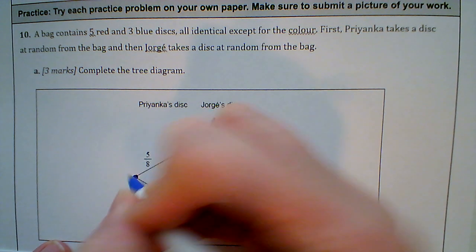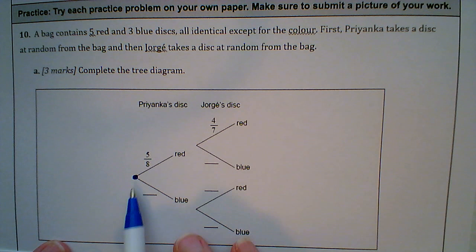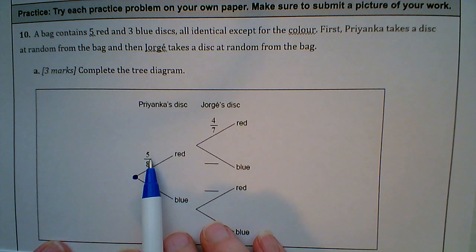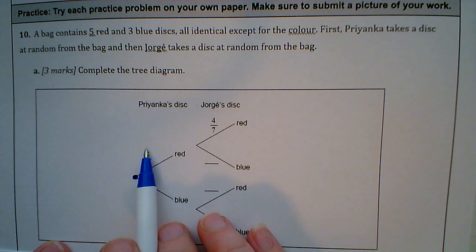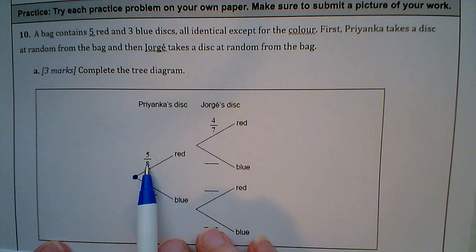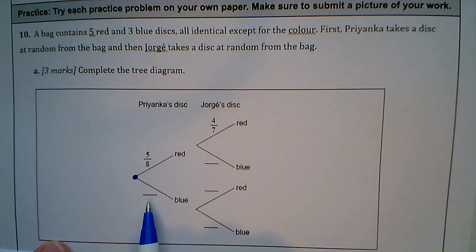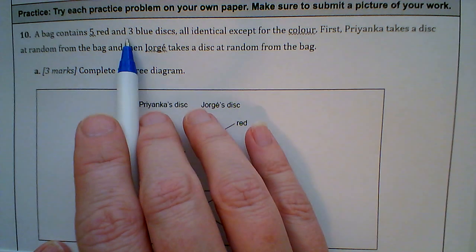So we need to remember that the probabilities of all of the little branches that are connected to the same vertex, or the same starting point, all need to add up to 1. If the probability of getting a red disc is 5/8, what's going to be the probability of getting a blue disc? Well, if 5 out of the 8 discs are red, how many out of the 8 discs are blue? You can even read from the problem up here.